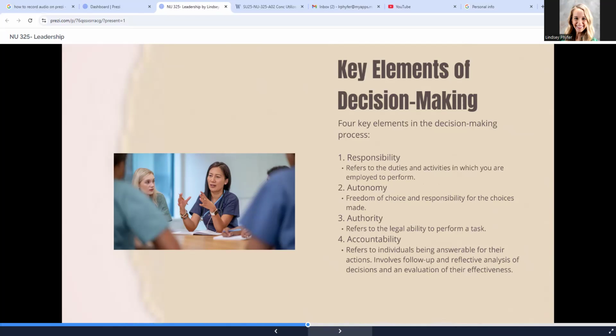So if you make a mistake, you need to be accountable and own up to that mistake, okay? But also remind yourself that you are not accountable for the overall outcome of the patient, okay? But with accountability goes along honesty. And so, like I said, be accountable for your actions and know that at the end of the day, you are accountable for what you do. So be honest.